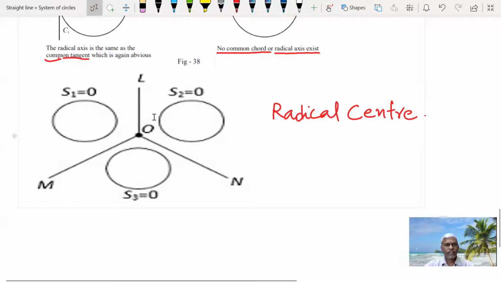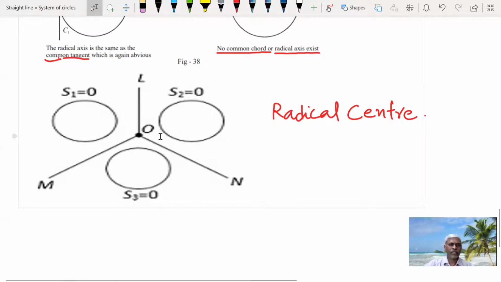If three circles whose centers are not collinear, then the radical axes of each pair are concurrent, and this point of concurrency of the radical axes is the radical center.